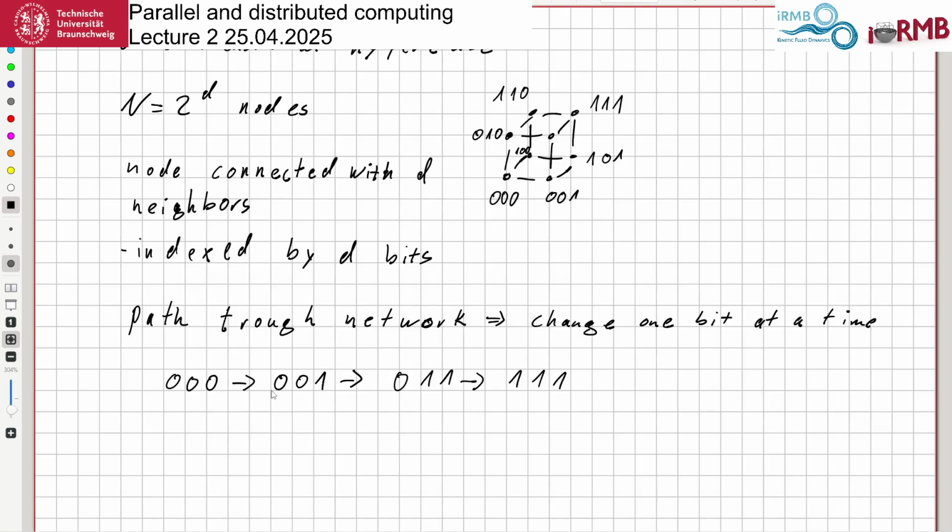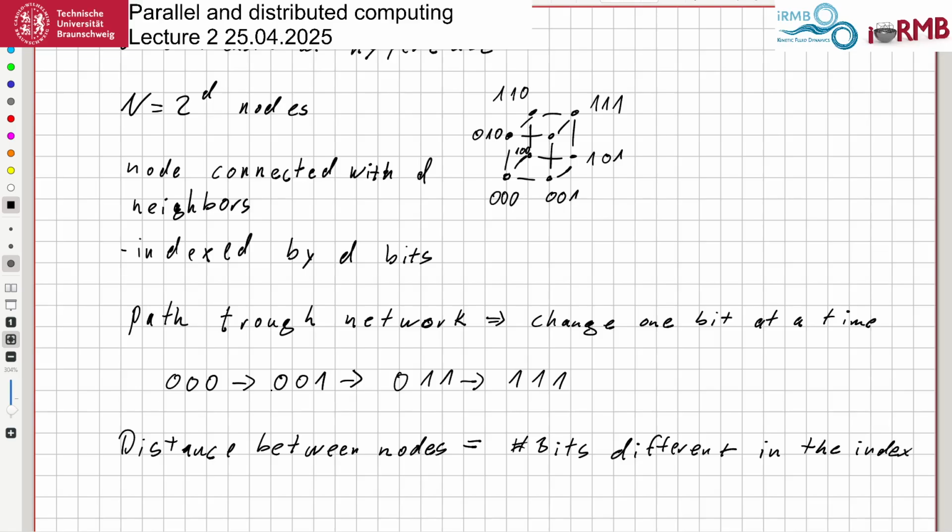Yeah, so exactly this is the Hamming distance. Yeah, so the distance between nodes is the number of bits different in the index. This is what computer scientists call Hamming distance.